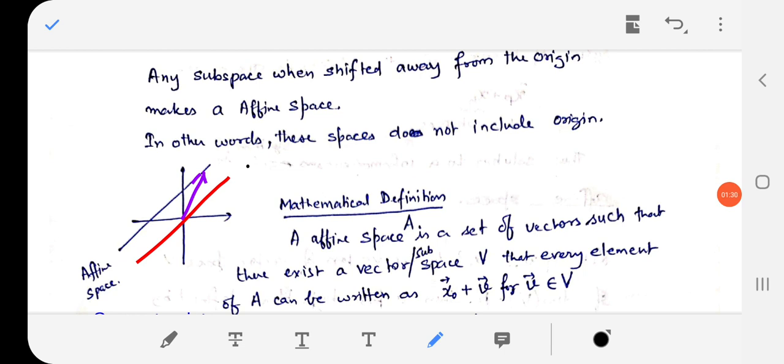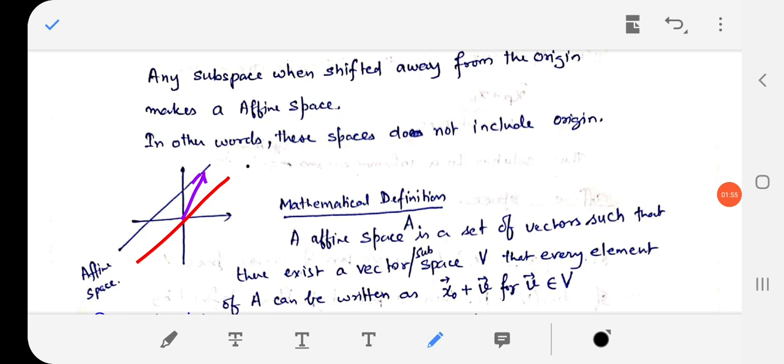So all the points on this red line are shifted to this dark blue line by this purple vector. By adding the purple vector to every vector on the red line, they are shifted onto the blue line, right, or the black line.